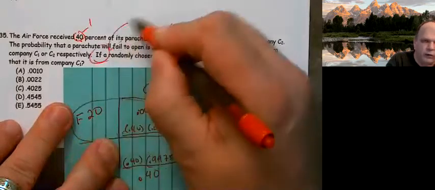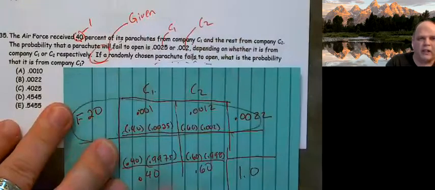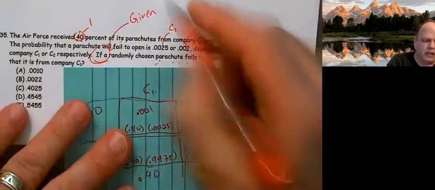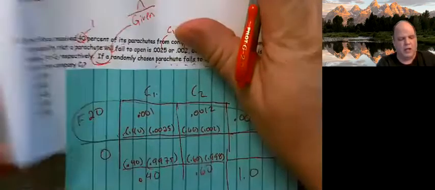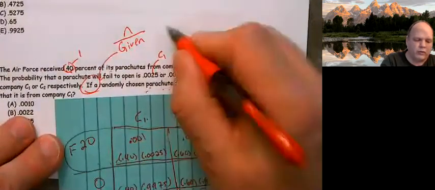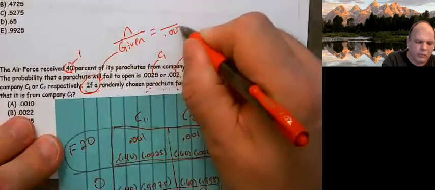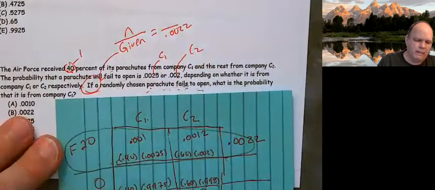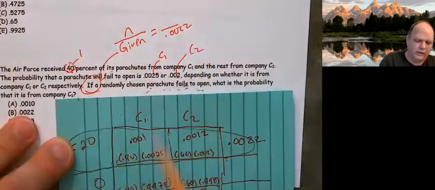All right. It says if a randomly chosen parachute fails to open. If is another word for given. And anytime I have a given, I know that's going to be in the denominator, and I need an intersection on top of it. My given in this case is 0.0022. What's the probability from Company 1?